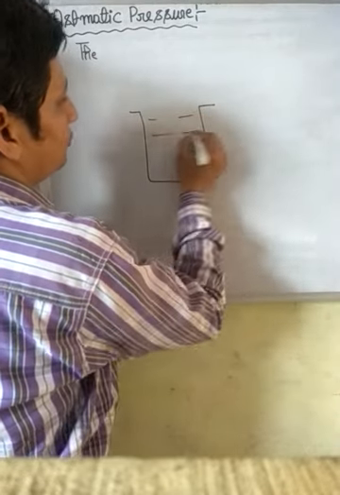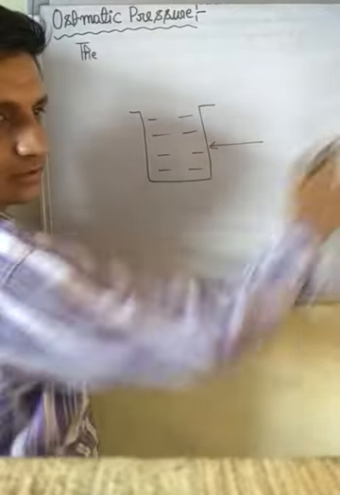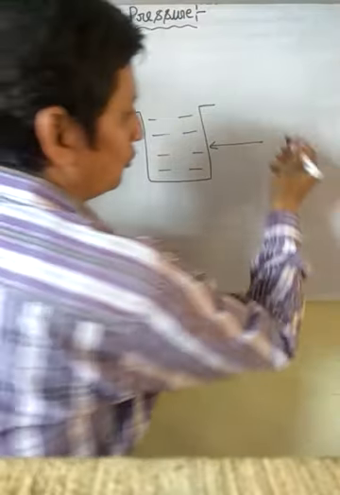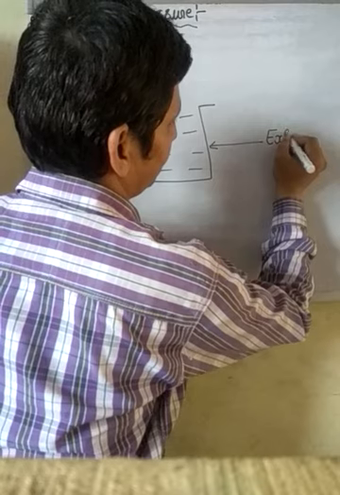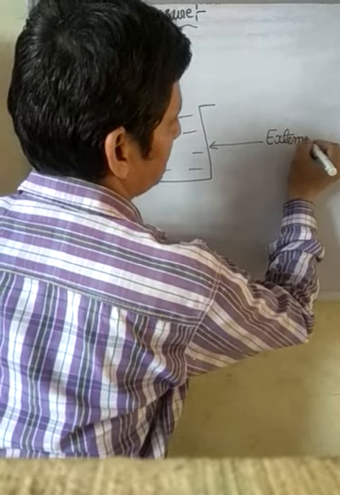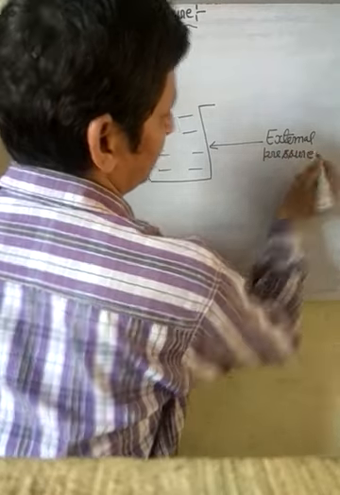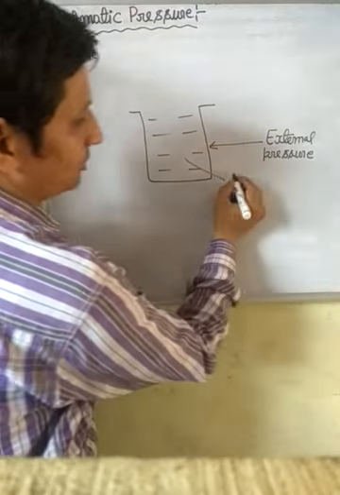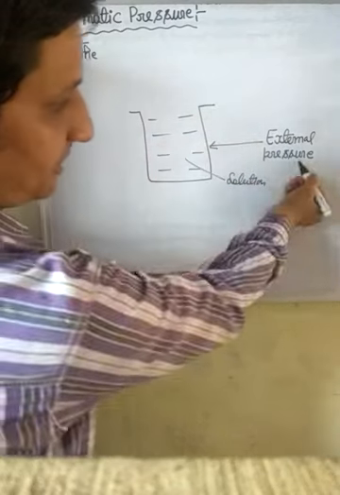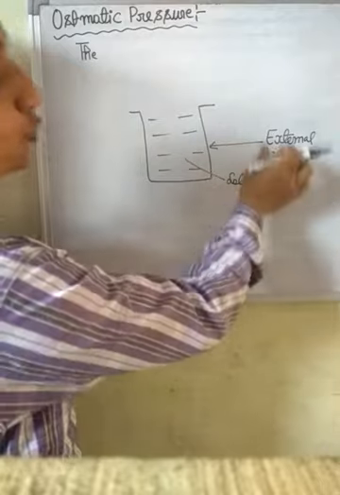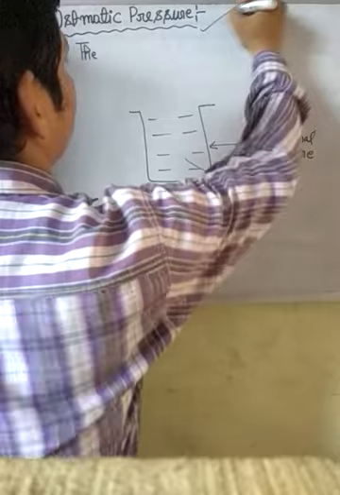External pressure, the outer pressure, which is applied from outside, is called external pressure. The external pressure which is applied on the solution to prevent flow of solvent into solution is called osmotic pressure.